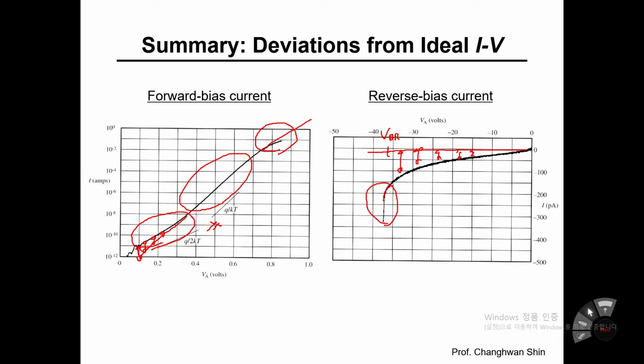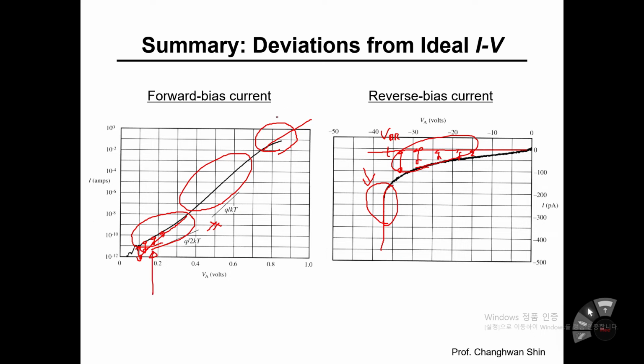So this exponentially increasing current can be observed at reverse bias points beyond the breakdown voltage VBR. Okay, so we have understood these physical events.